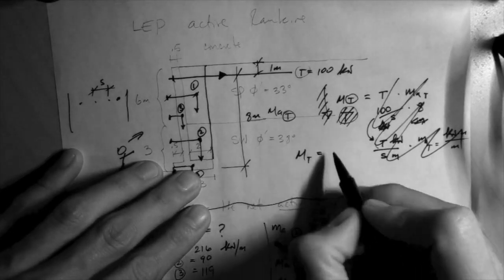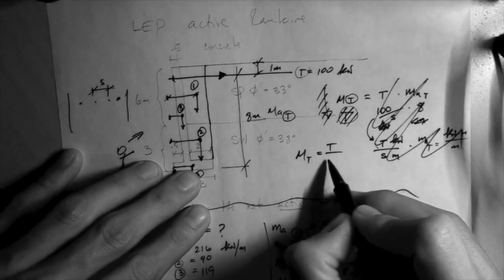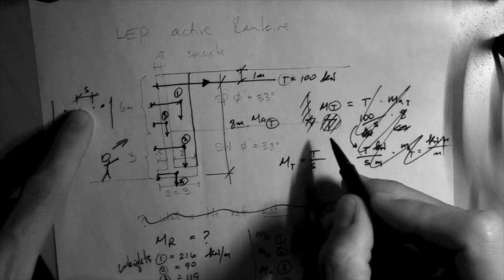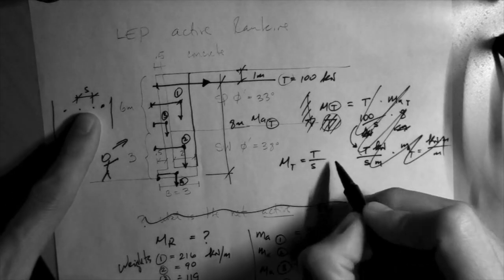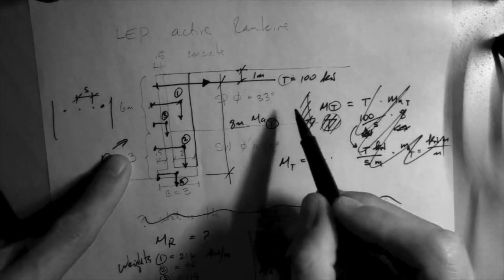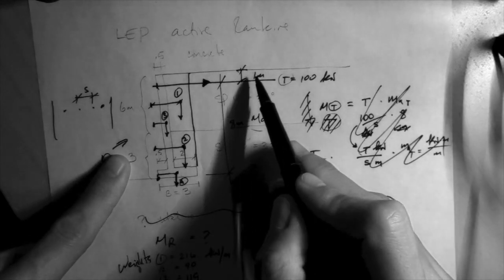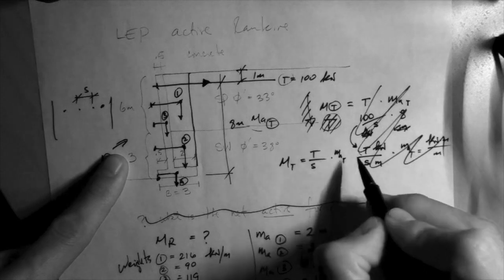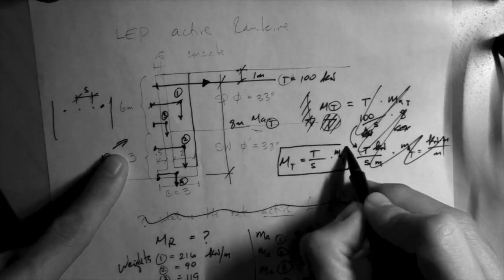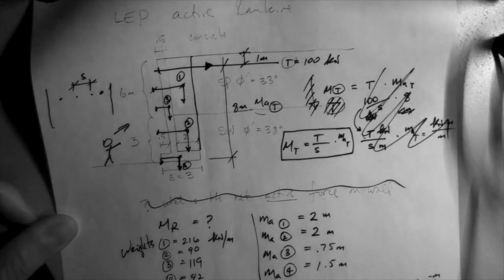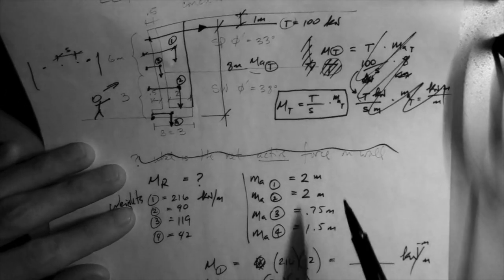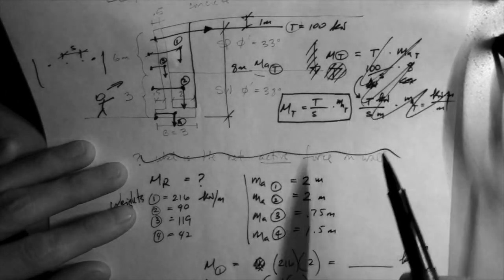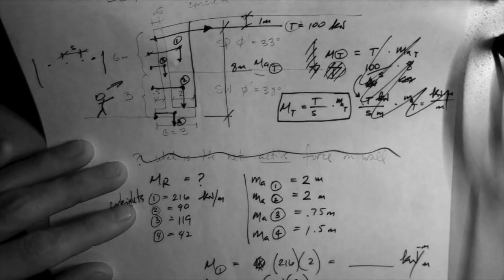Moment of the tieback: tieback force 100 divided by the spacing, let's say 1 meter between tiebacks, times the moment arm of the tieback, which is 8 meters. All right, so that's the moment due to the tieback.